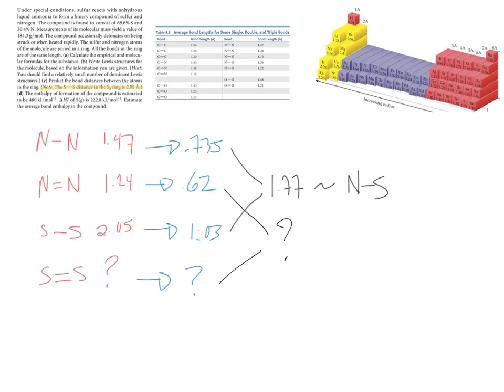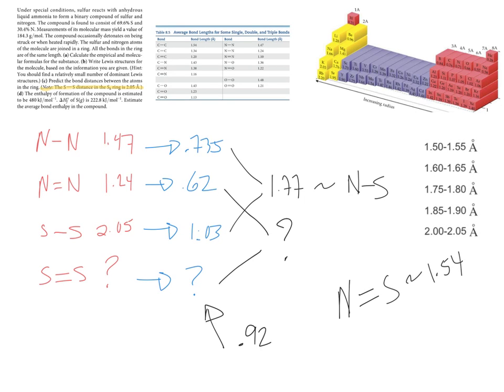Now if we're assuming a single bond between nitrogen and sulfur, we get a 1.77 angstrom bond length as maybe the typical. But if we look at the nitrogen and sulfur, 0.62 and what? Well, we have to start making some assumptions in this table. Let's assume, just for the sake of argument, that since the nitrogen single bond length and the nitrogen double bond length bonding radius decreased by about 0.115, sulfur does the same thing.